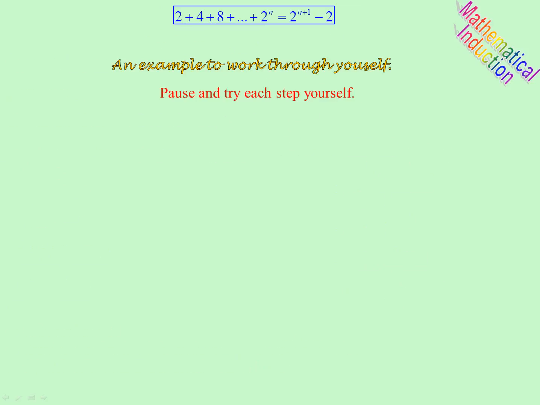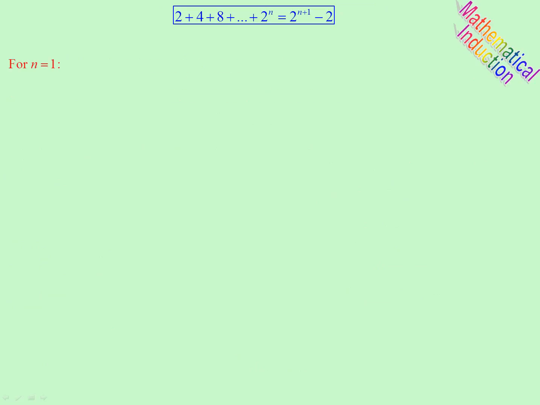Here's one involving powers. Left-hand side, first term. Right-hand side, substitute 1 for n. So you get 2 squared, which is 4 minus 2, giving you 2, equals left-hand side.